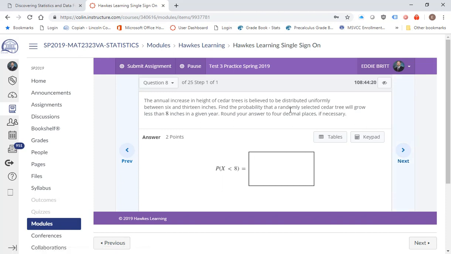This is another uniformly distributed problem, probability with uniform distribution. The way that I like to look at these is like part over total. There's another way you can do it, but I always try to work these problems the easiest way, unless that involves just using a calculator.